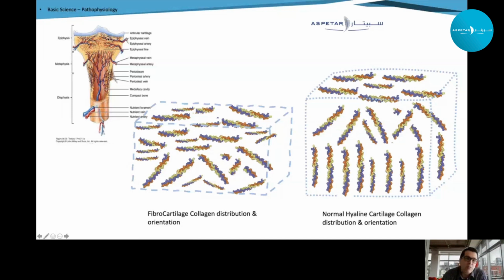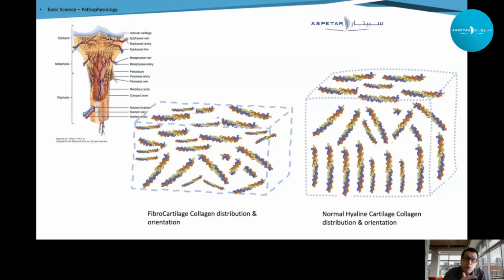So this means that whenever we have a problem, an injury, or a pathology, we have 3 major disadvantages. Not only are the chondrocytes highly differentiated, so they do not have the best possibility to heal themselves.